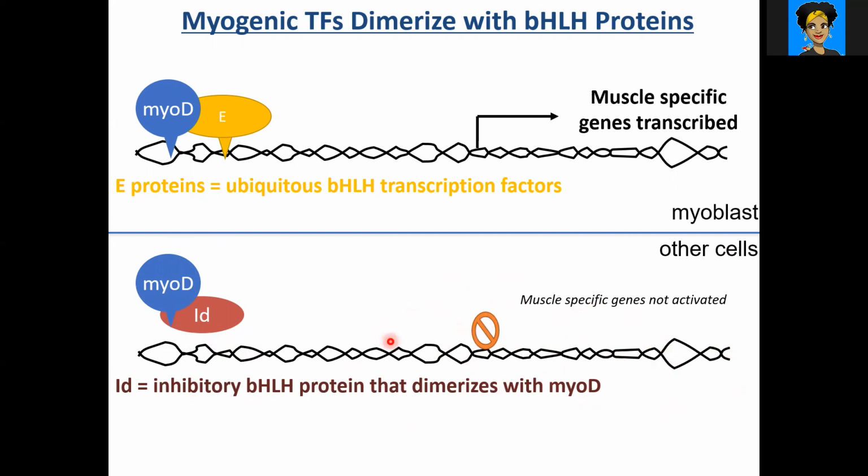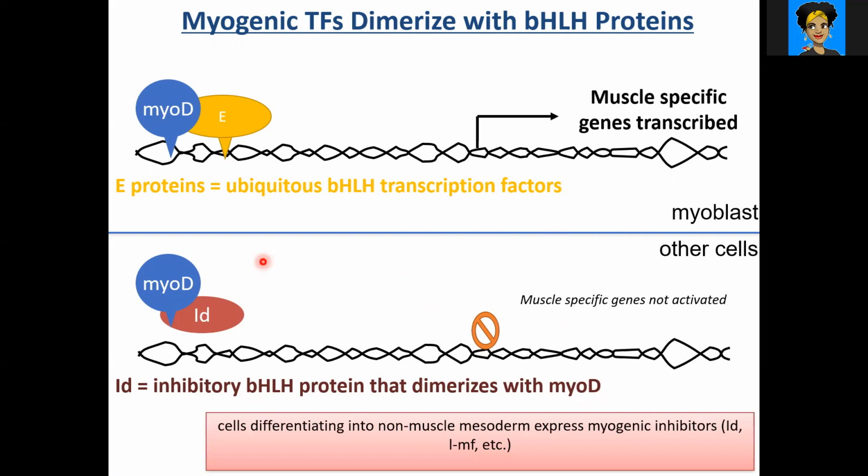So all other cells, this is what's happening. Only in myoblasts do you get MyoD coming in with the transcription factor. So cells that differentiate into non-muscle cells express these myogenic inhibitors. You don't need to know the name of the inhibitors. It's not really important.